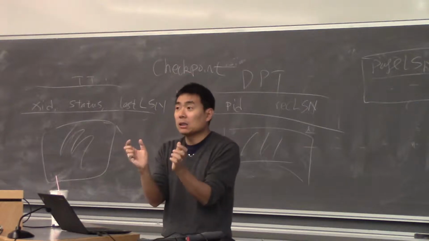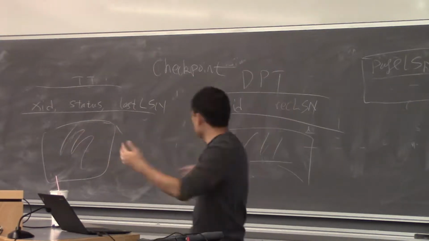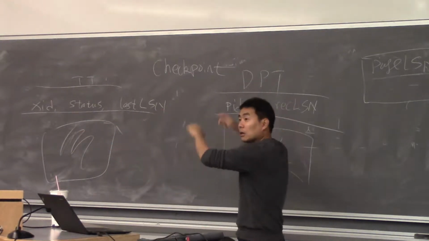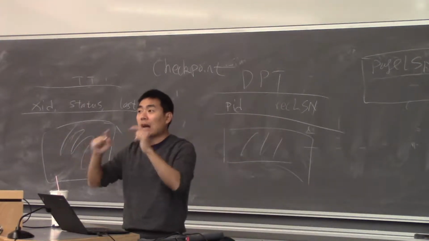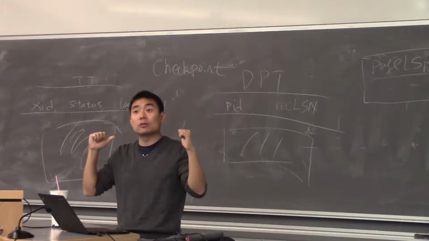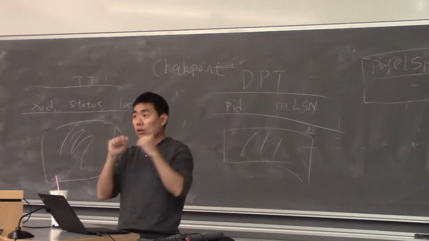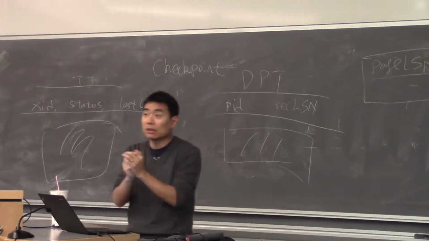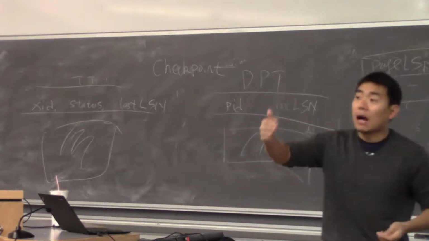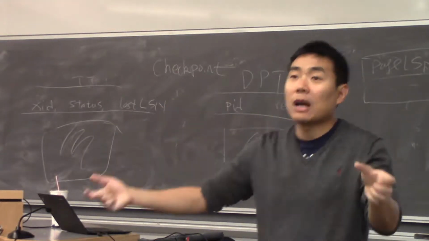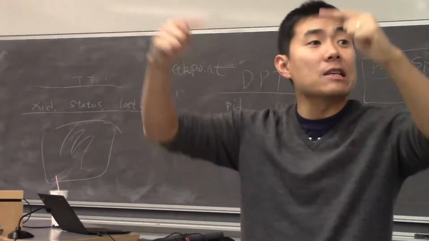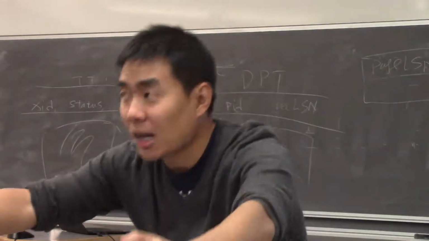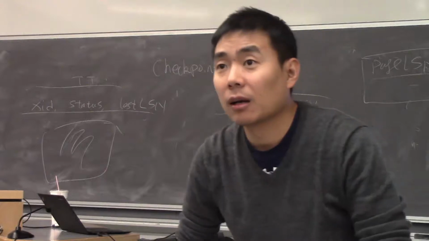But in reality, at the start checkpoint, you make a copy of these two tables and write the copies to disk. And during that process, updates may continue to happen to TT and DPT until you finish the checkpoint process. The point is, later on when the system crashes, you can recover the content of these two tables to the state at the start checkpoint, not at the end checkpoint.